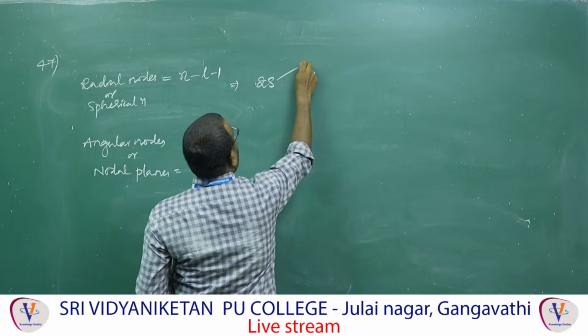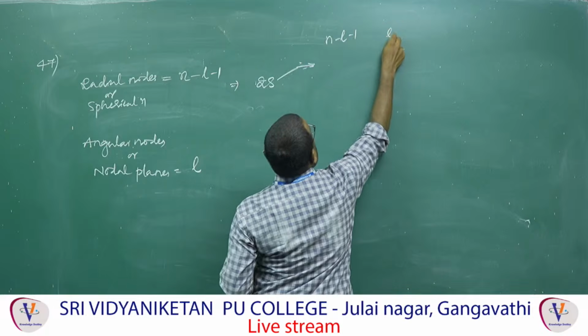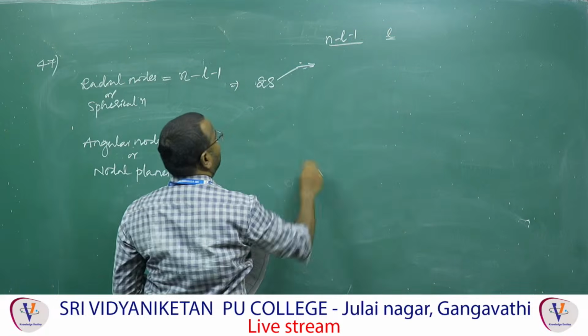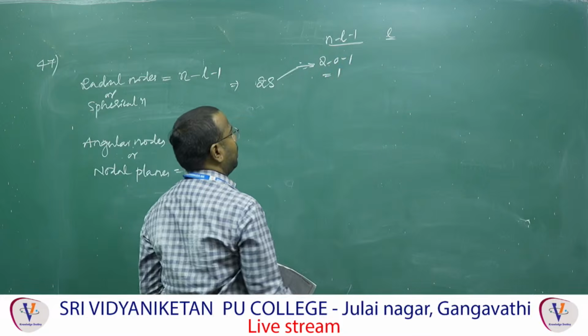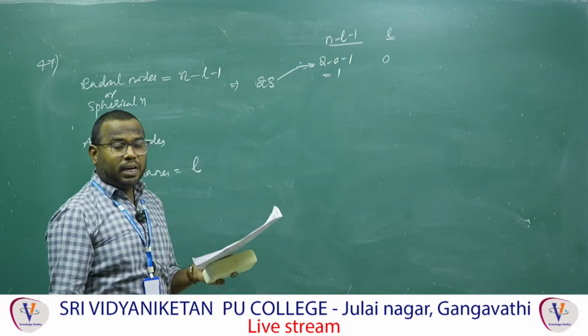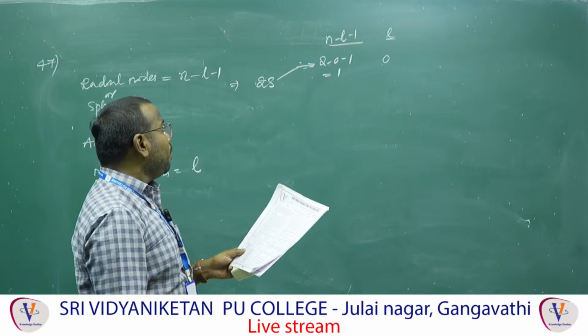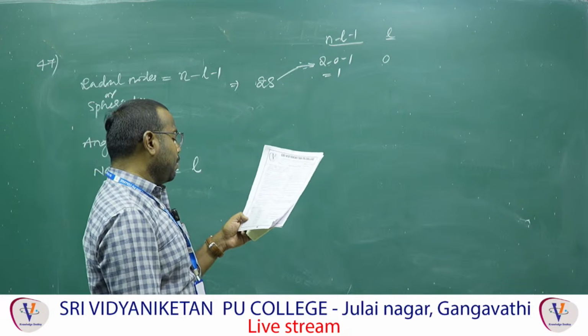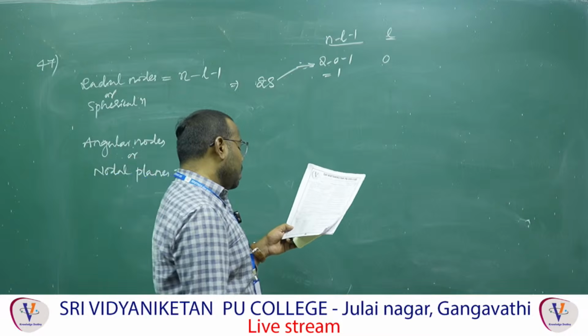For 2s, what are the values of n minus l minus 1 and l? 2 minus 0 minus 1 is 1, and l is 0. So one spherical or radial node and 0 angular nodes. Therefore, that matches with the fourth one.